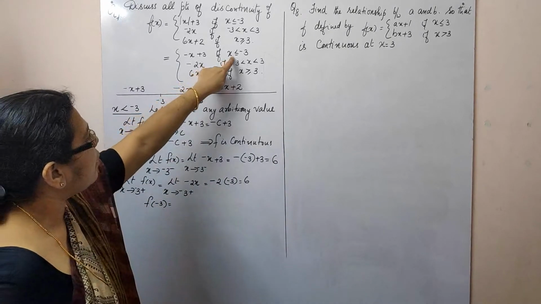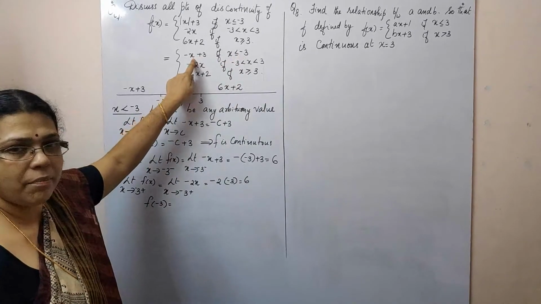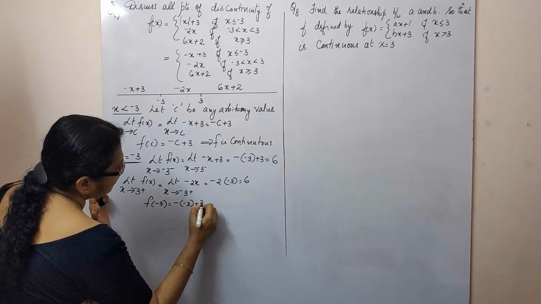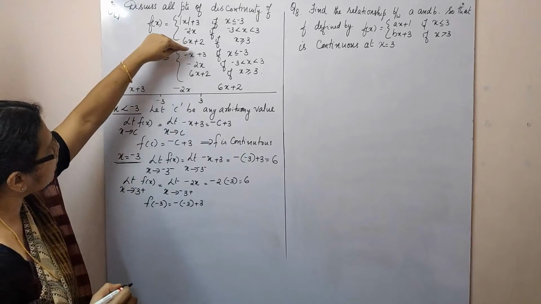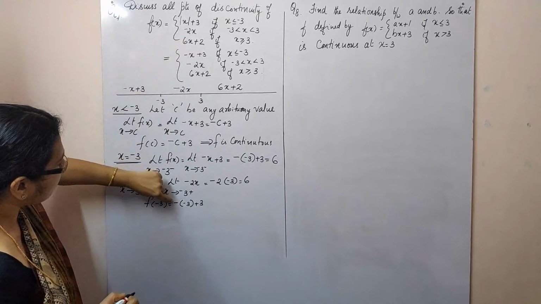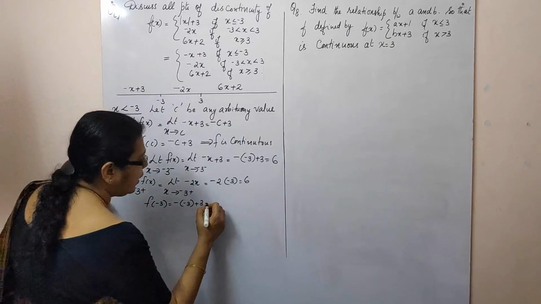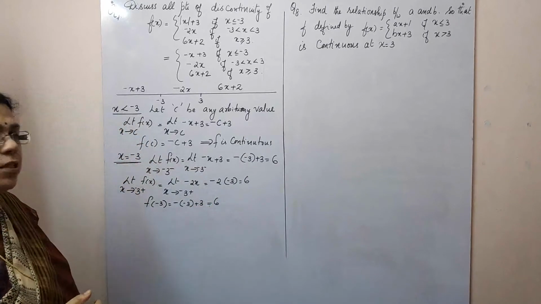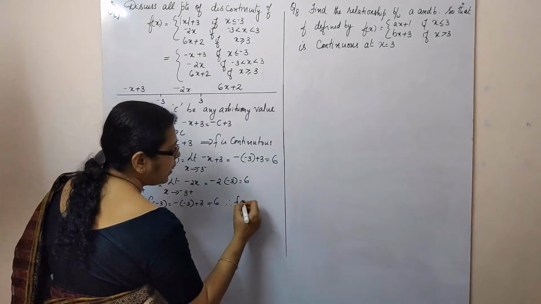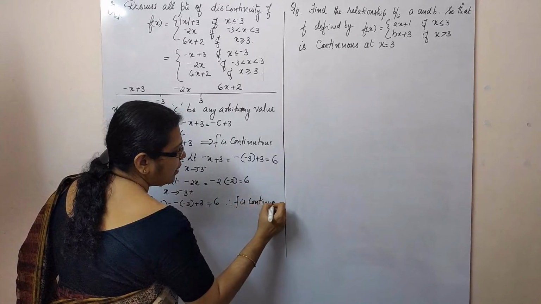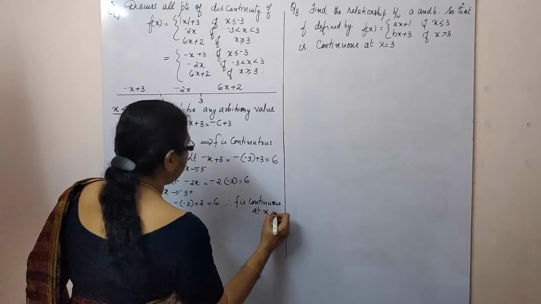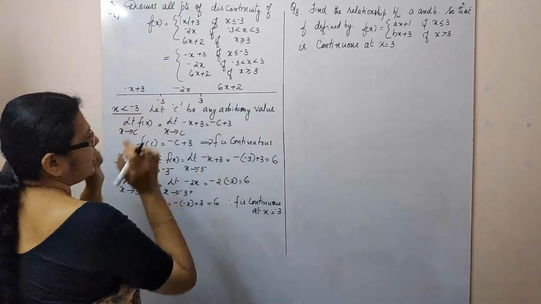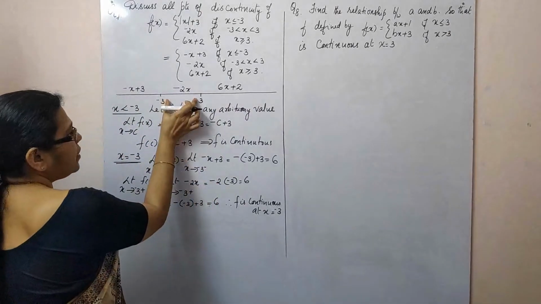When the value of x is negative 3, the function value is minus x plus 3, which is minus of negative 3 plus 3, which is again equal to 6. So what does this imply? Therefore, f is continuous at x is equal to negative 3.